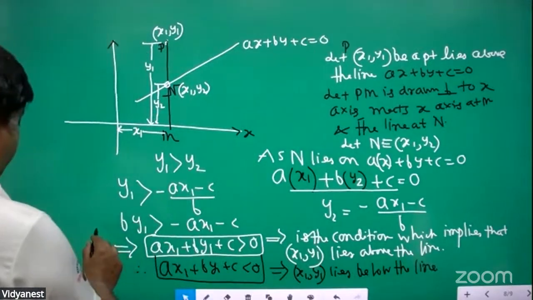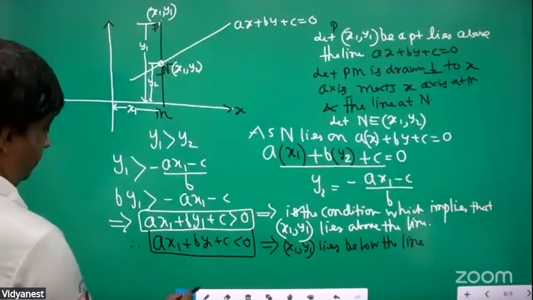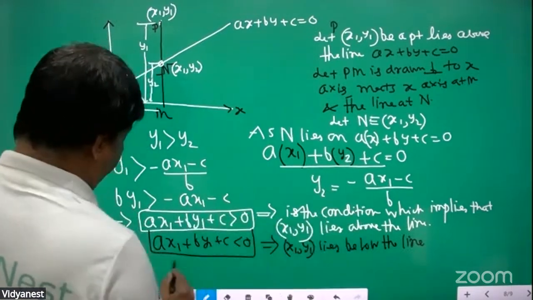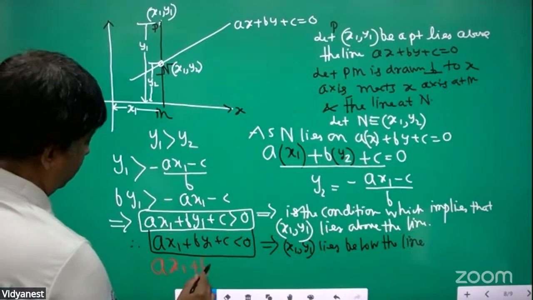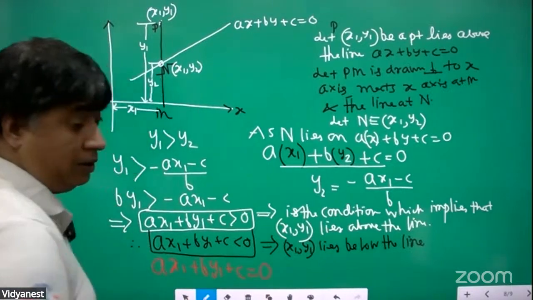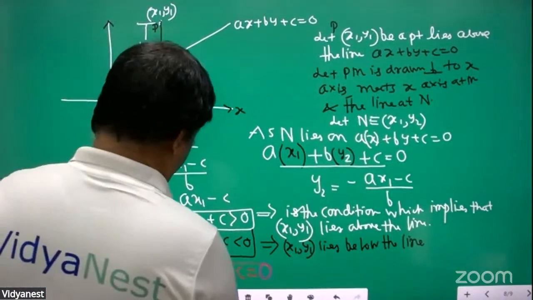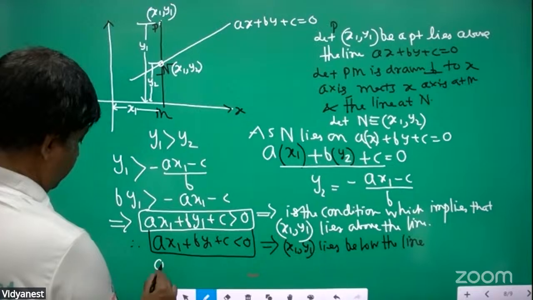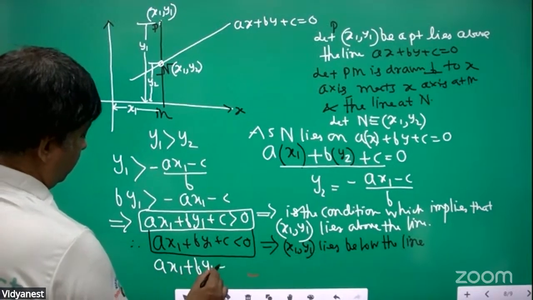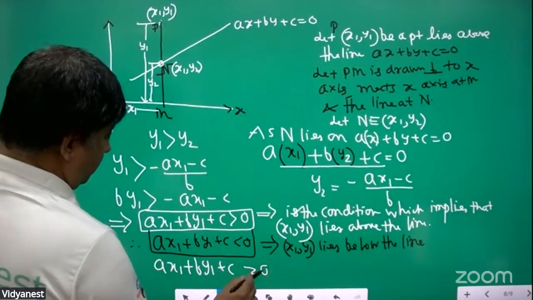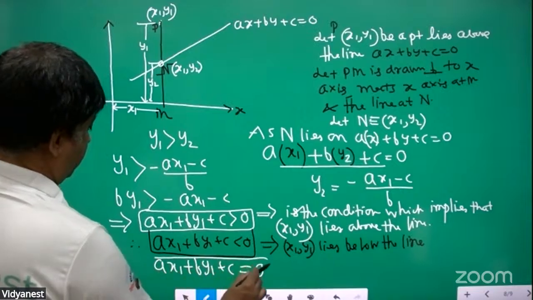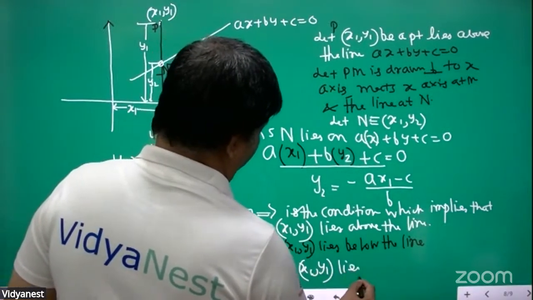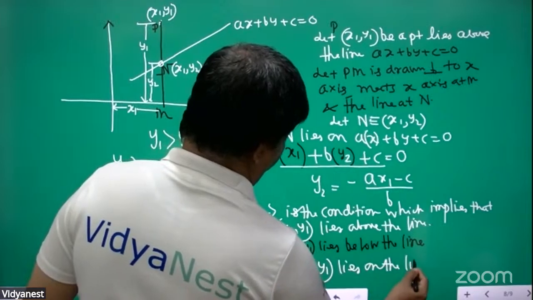and if x1 + by1 + c is equal to 0, then (x1, y1) lies on the line.